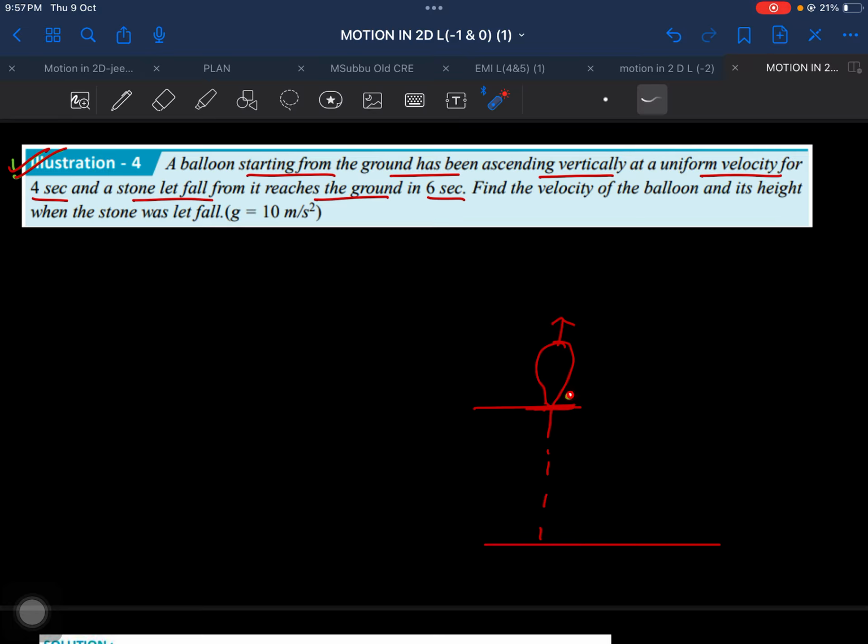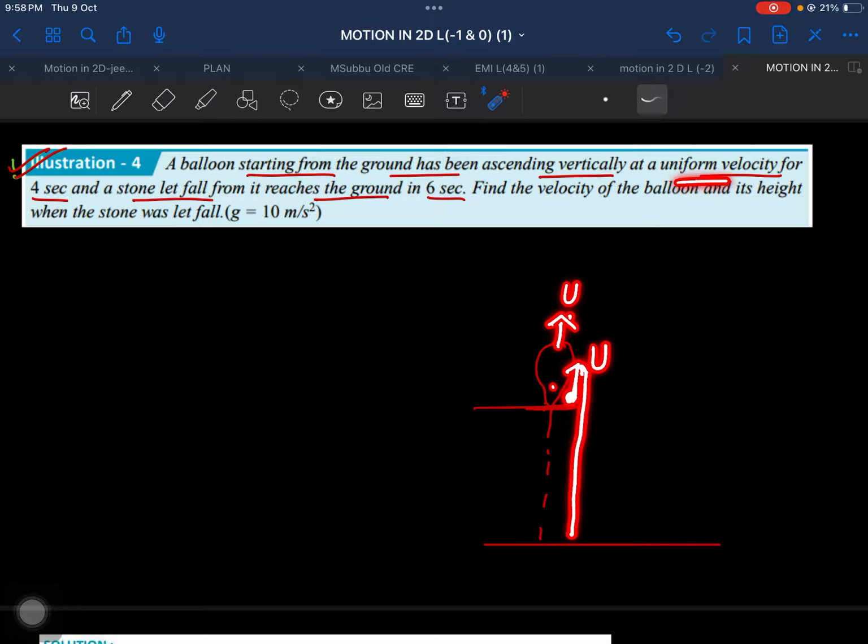Because this stone is departing from this balloon, and this balloon has some uniform velocity u, this stone also has the initial velocity u in the upward direction. So this stone will not fall down directly, it will go up, then it will come down. Just think about it, right students?